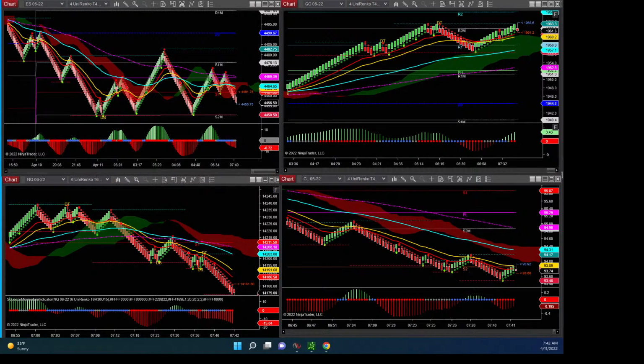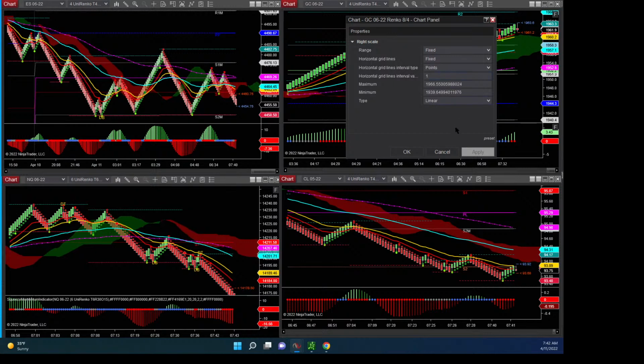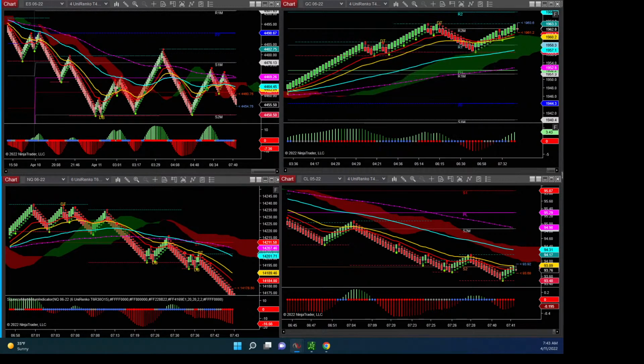Let's see if it forms a wick now. Was a fair entry, but it didn't hold it.